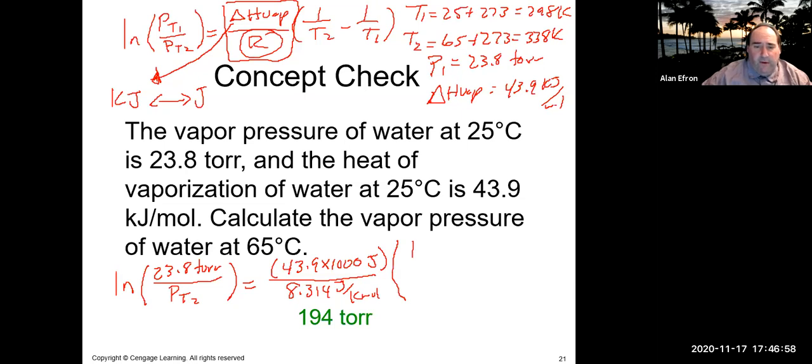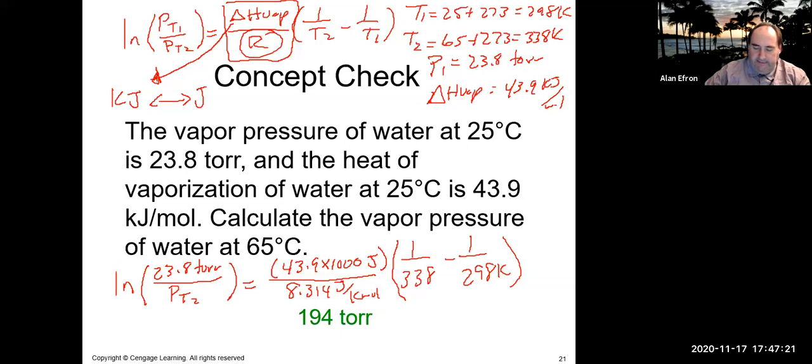We're going to do 1 over our T2, which is 338, minus 1 over 298 here. And if we do some cleaning up of the right-hand side, we got 1 divided by 338 minus 1 divided by 298.